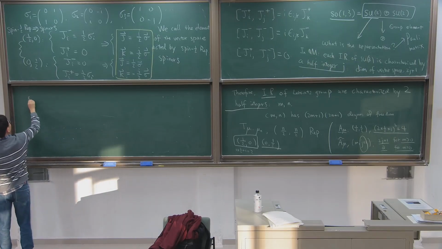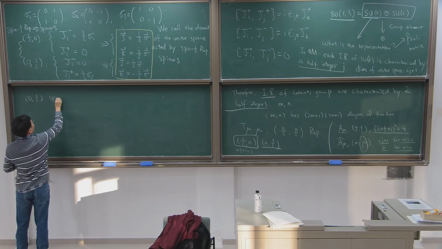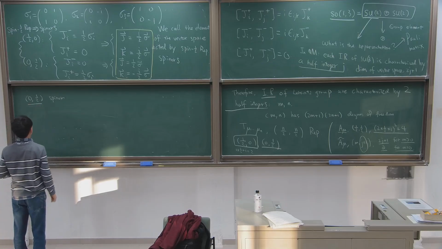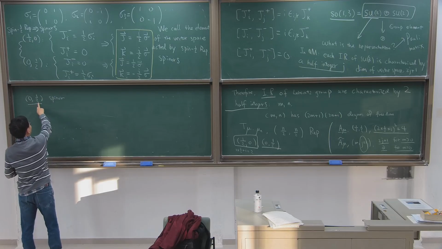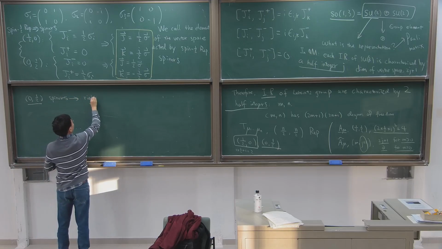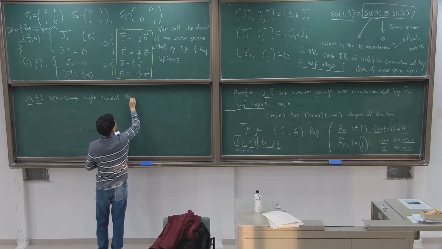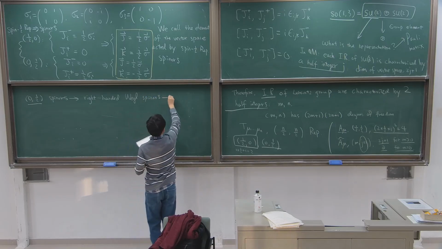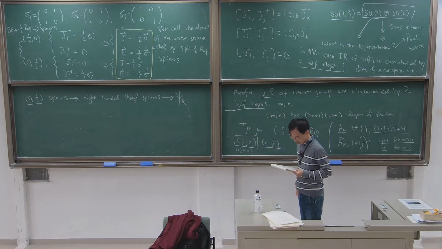For example, without confusing, now I just call this half-zero representation the right-handed Weyl spinors, and we give it the notation R. R means right.